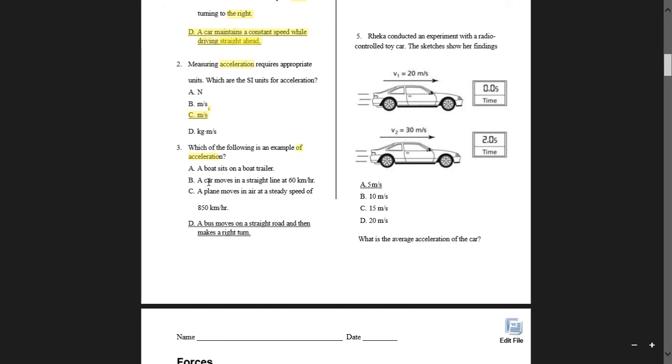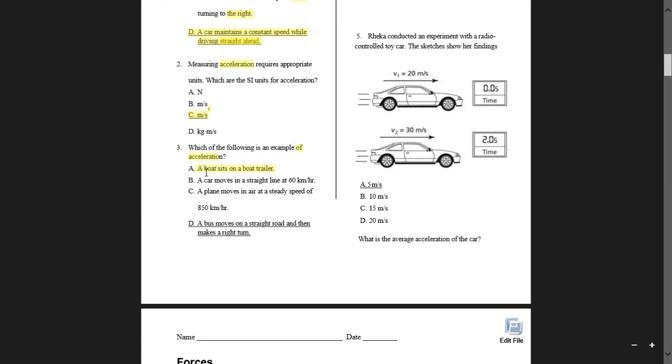Number B: a car moves in a straight line at 60 km per hour. Number C: a plane moves in air at a steady speed of 850 km per hour. Number D: a bus moves on a straight road and then makes a right turn.